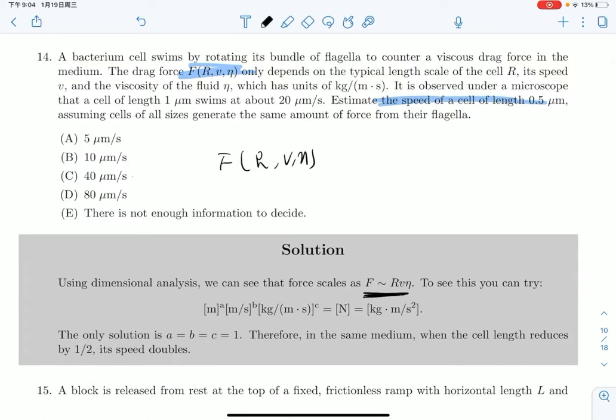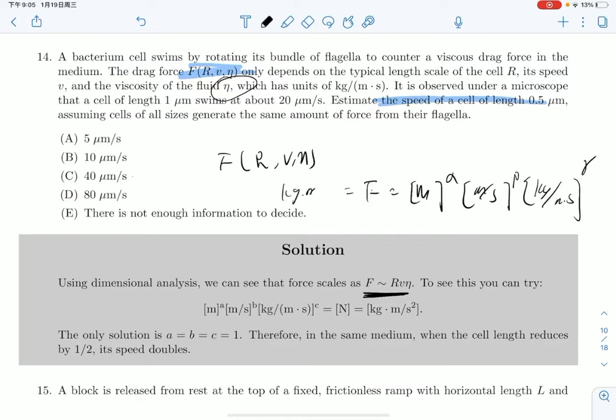And F is equal to m to the alpha, times meters per second to the beta, times kilograms per meter-second to the gamma, which is in units of kg times m per second squared. And if you plug in the values, you can see a is equal to b is equal to c is equal to 1.